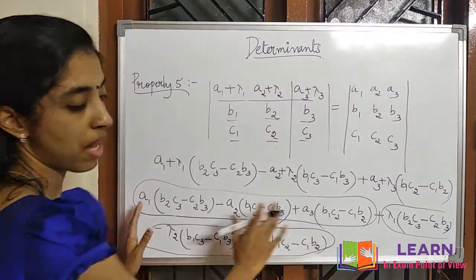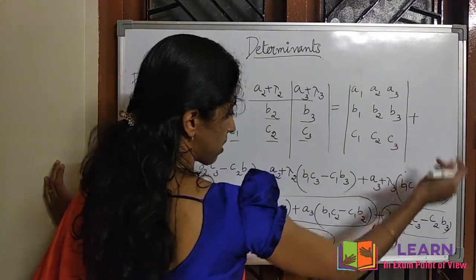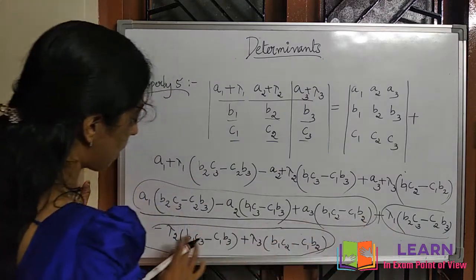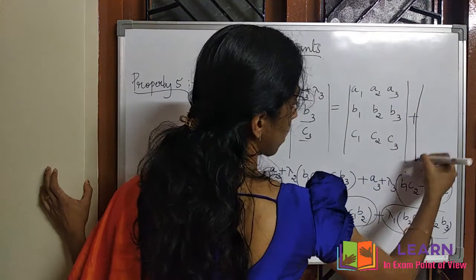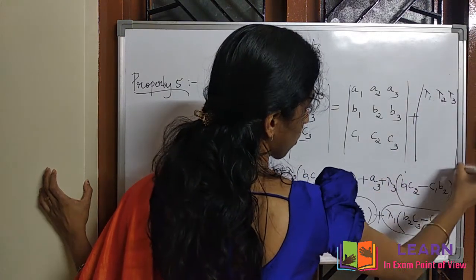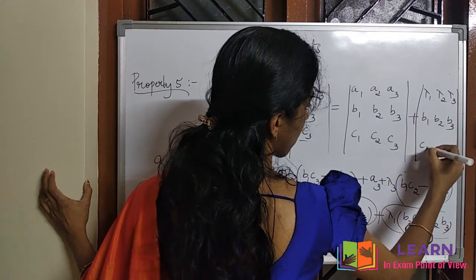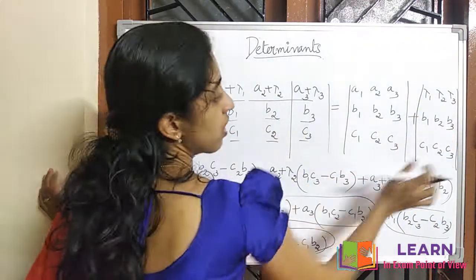It is an expansion of this determinant. Next, check for the lambda terms, lambda 1, lambda 2, lambda 3. They come as the first row, so the determinant is lambda 1, lambda 2, lambda 3, and the remaining rows are b1, b2, b3, c1, c2, c3. It is the expansion of this determinant.